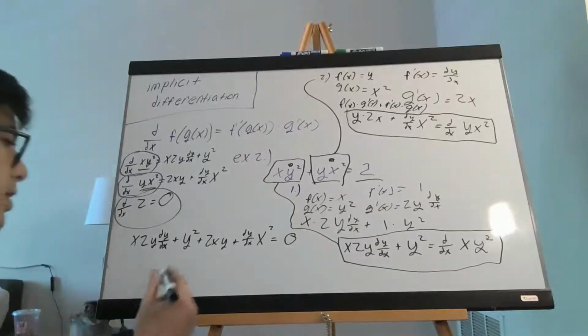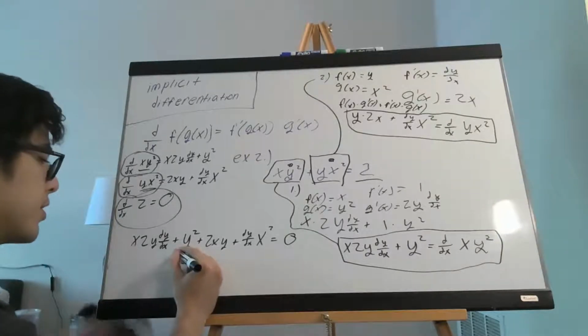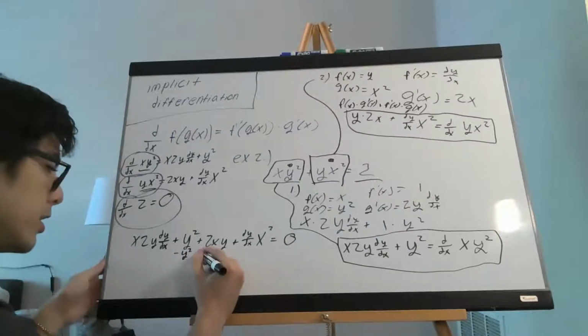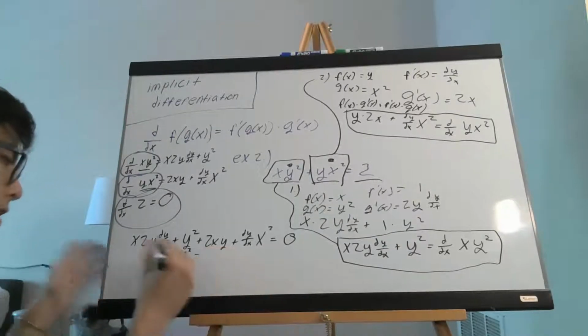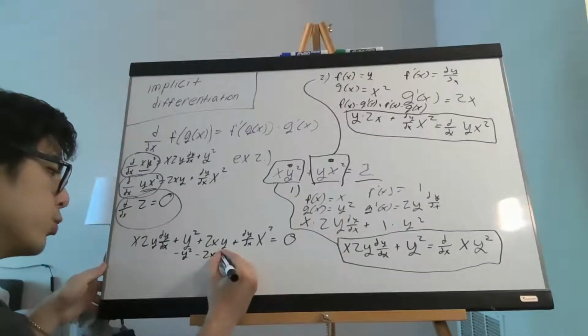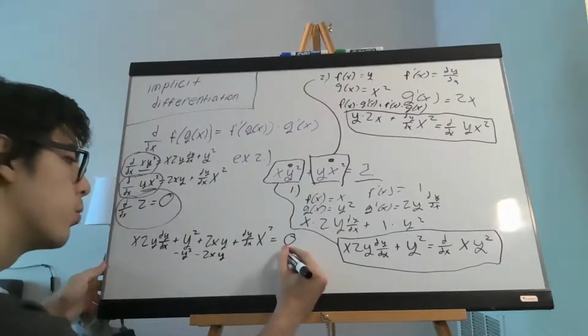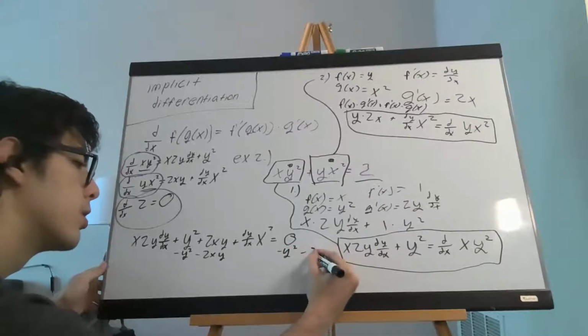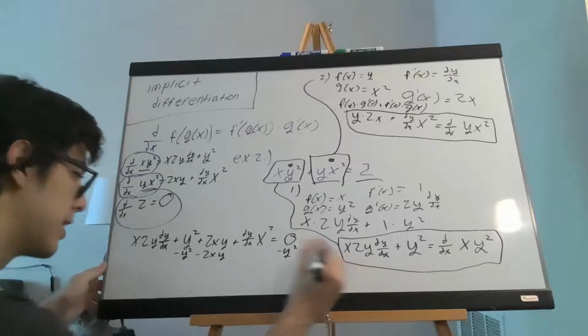So I'm just going to go ahead and start working this. Our first step is going to be to get rid of all terms that do not have a dy/dx. So I'm going to subtract the y squared and also subtract this 2xy. And what you do on one side of the equation, you have to do on the other. So we're also going to subtract it on that side.